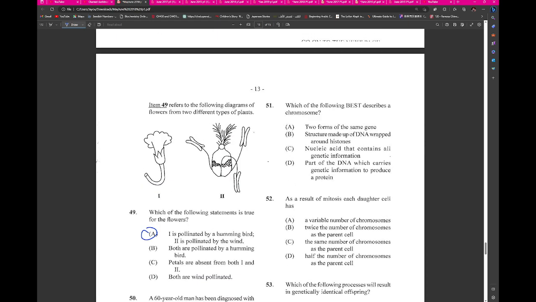Which of the following best describes a chromosome? This would be a gene. Ooh, this is weird. 2 forms of the same gene would be alleles. Structure made up of DNA wrapped around histones. Would this be chromosome?